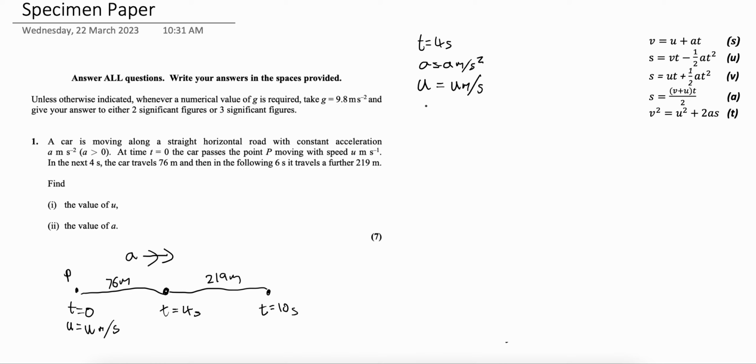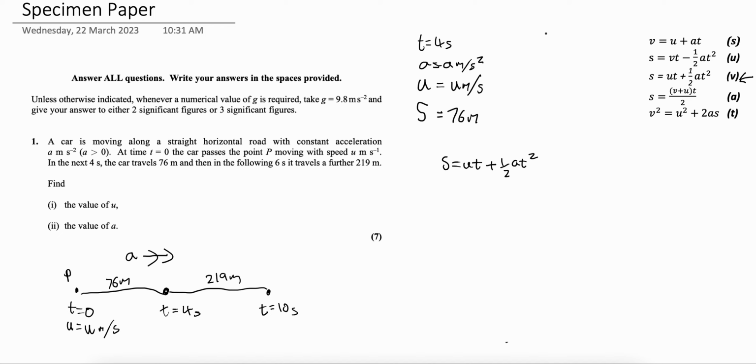And we know the distance traveled, so s, our displacement, is 76 meters. So the letter we have missing here, we have s, u, a, t, so v is missing. If you look at our equations on the right, we can see the equation with v missing is this one. So let's make a note of that. s equals ut plus a half at squared.